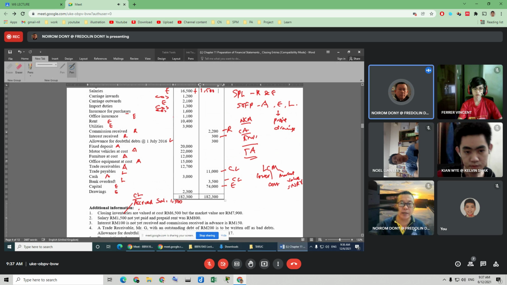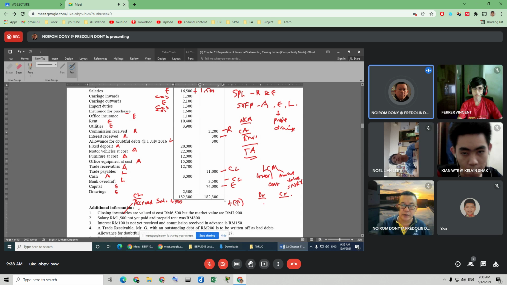So the understanding is, remember as I've said to you, if it's plus for a debit item, that is a debit entry. For plus in the current liability, that is a credit entry. So when we plus, that is actually increasing.